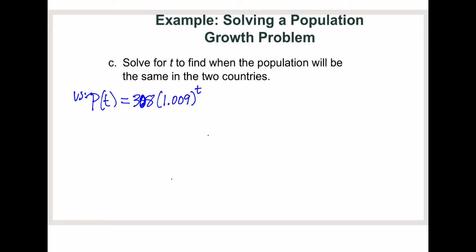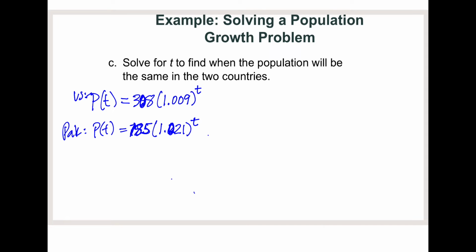And then for Pakistan, P of t equals 185, and again we're starting it in 2010, times 1.021 raised to the t.